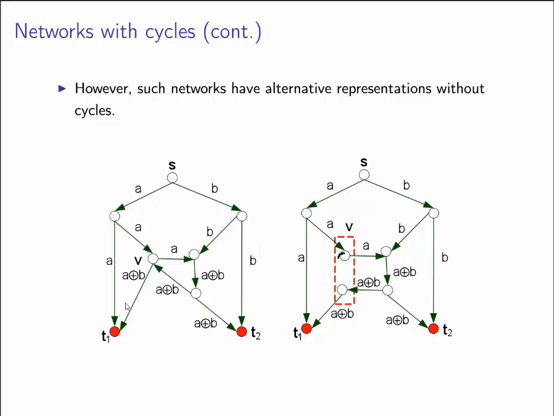So this is one part of this node and this is another part, right? Because again, this node performs two functions: it forwards A over this link and forwards A XOR B over this link. So what we see is, even if we have a topological cycle, we can logically separate those two nodes and eliminate cycles. Therefore, we can still send those two packets in a single round.